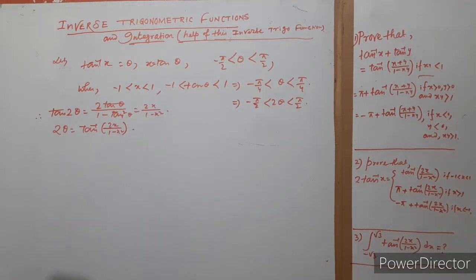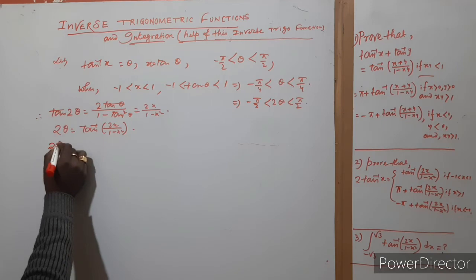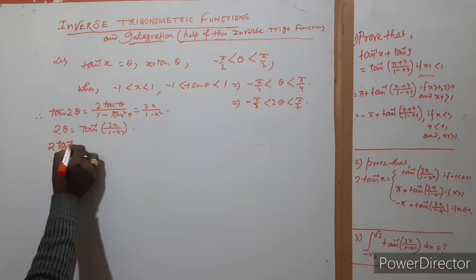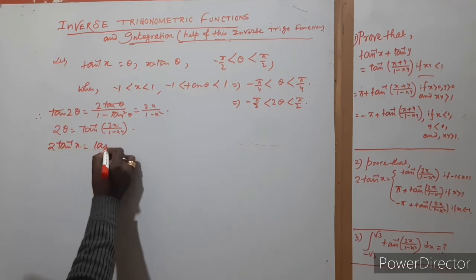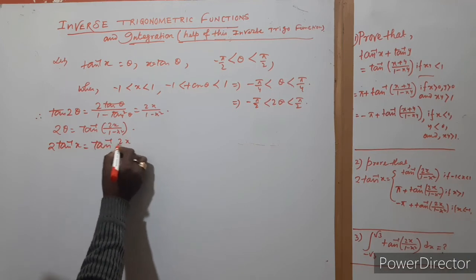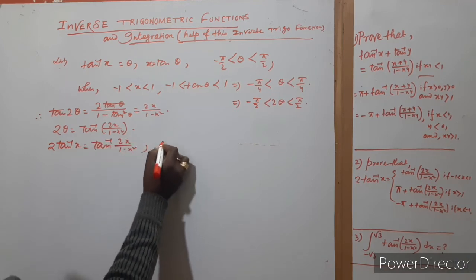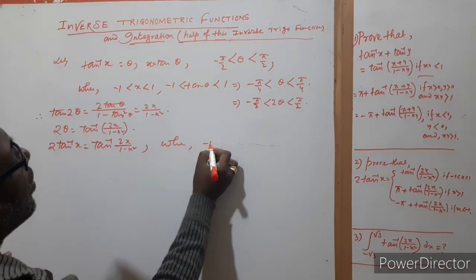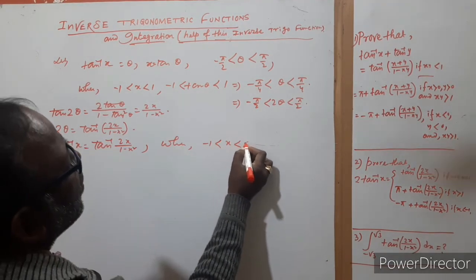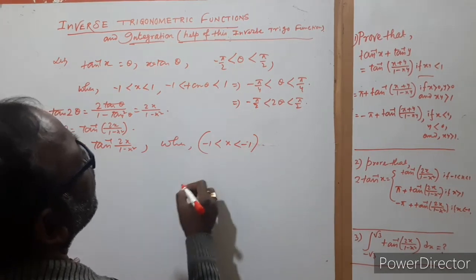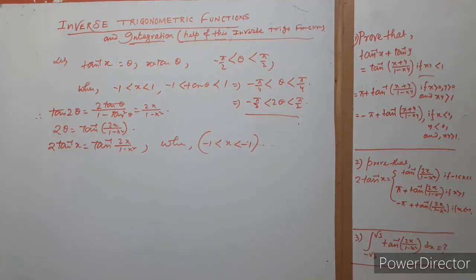So this is 2 tan inverse x equal to tan inverse of 2x by 1 minus x square. So this is the required domain, and this is the region.